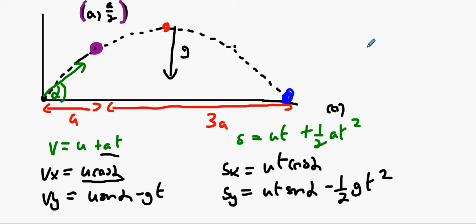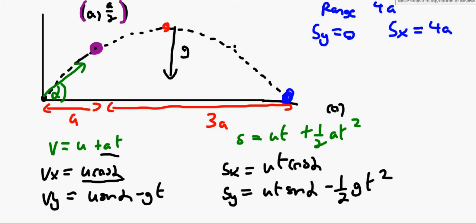So essentially your range is 4a, isn't it? So range is 4a. And what are the steps to getting your range? What do we do to find the range usually? You said 0. What part is 0? Sy value. So at Sy equals 0, Sx equals 4a. That's your two pieces of information you have straight away.